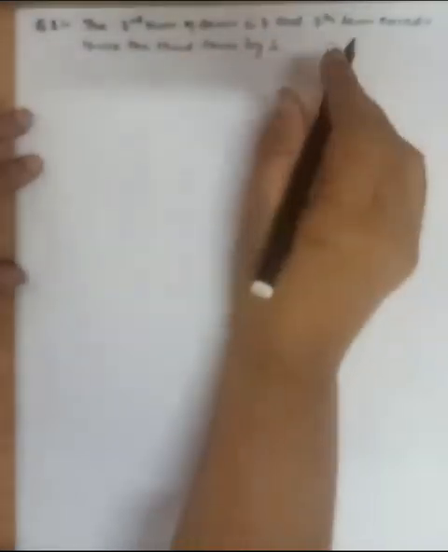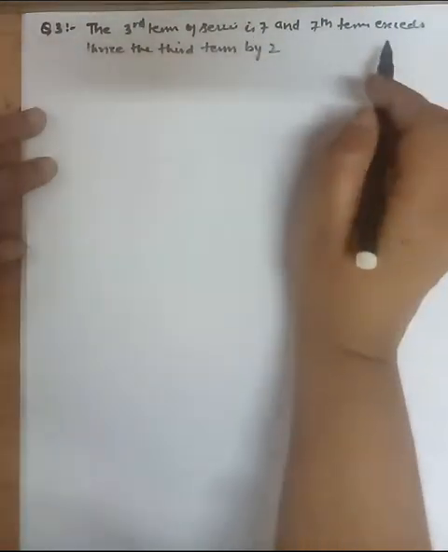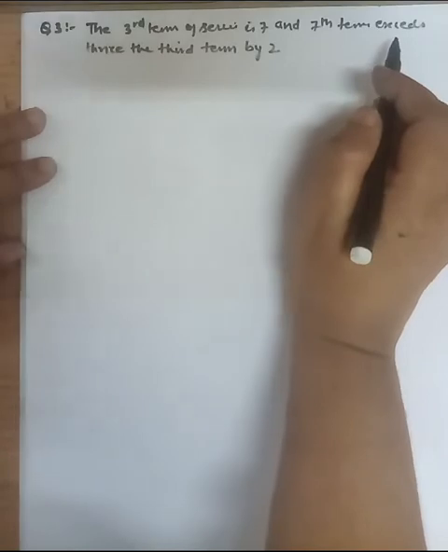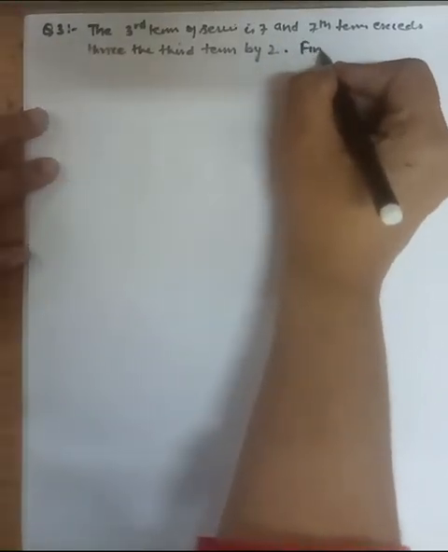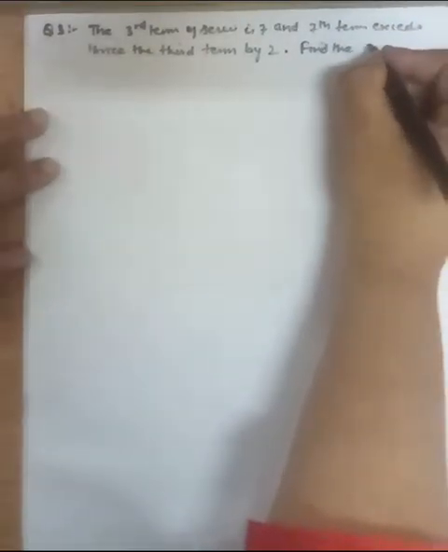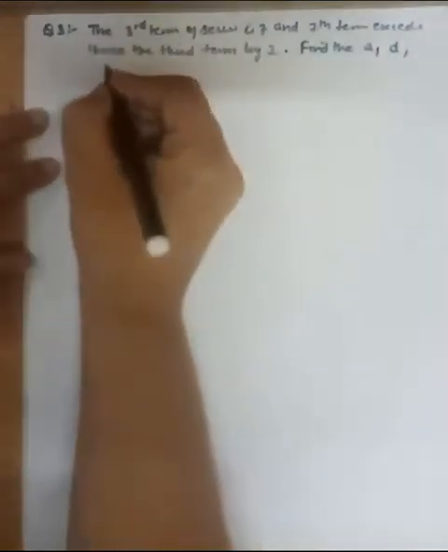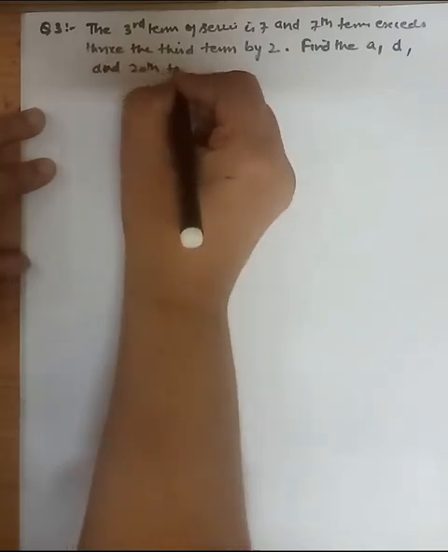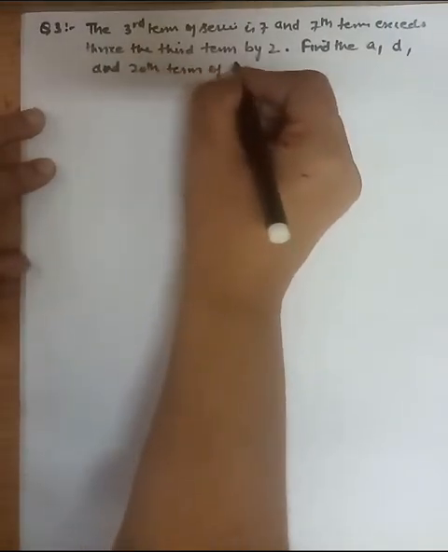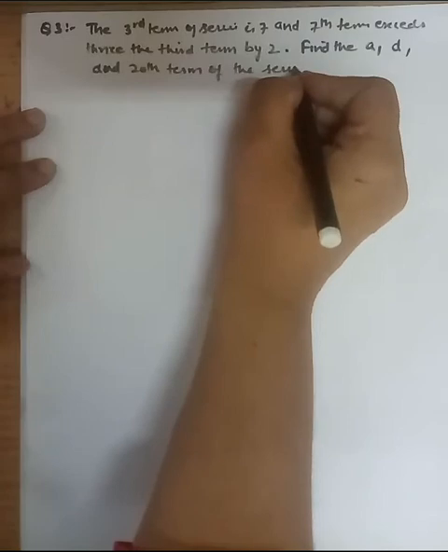So two conditions are given: the third term is 7, and the 7th term exceeds thrice the third term by 2. Find the first term A, the common difference D, and the 20th term of the series. Good question.